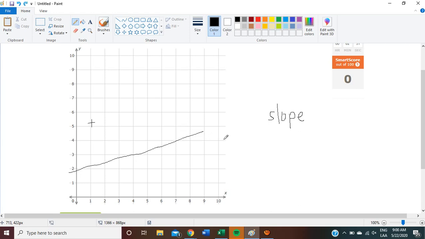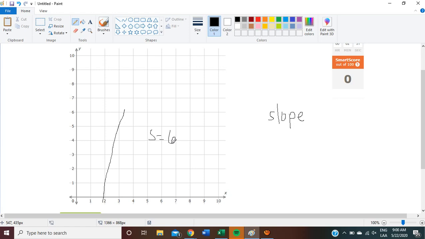On the other hand, if we draw something like this, for example, the slope will be something like 6.